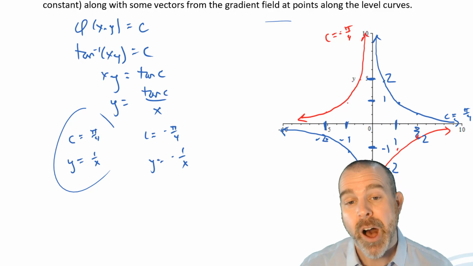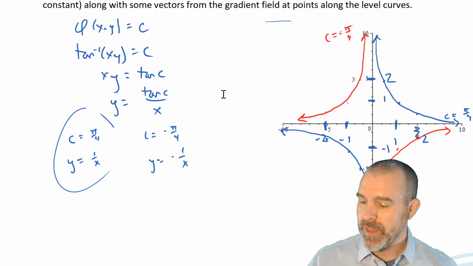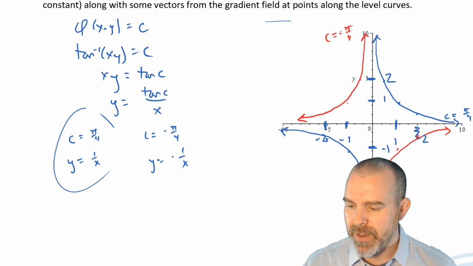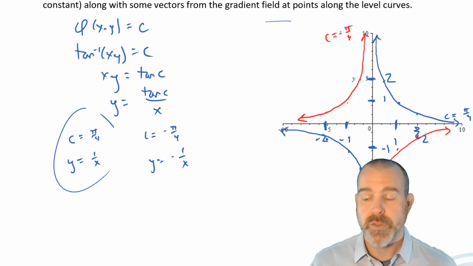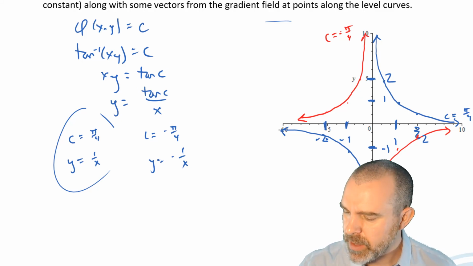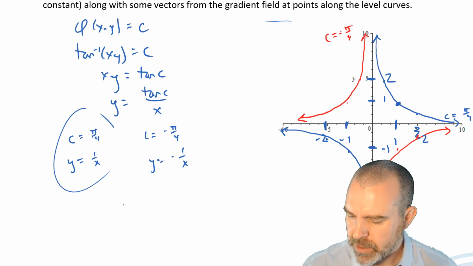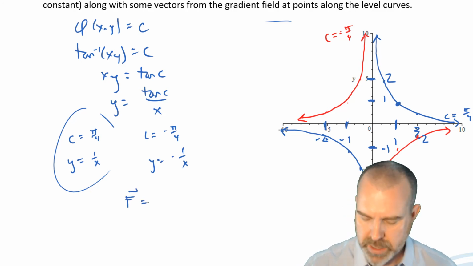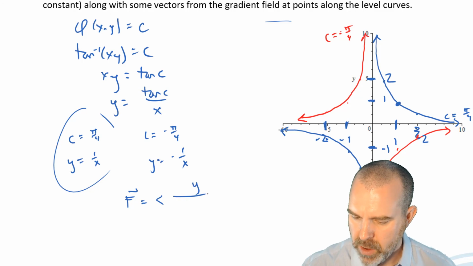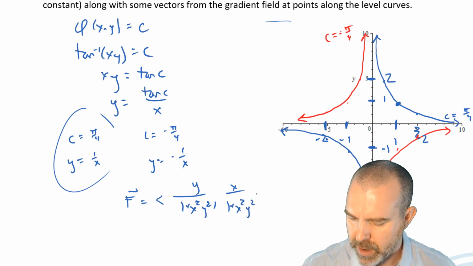Okay, now let's look at our vector field and let's graph a few vectors from the vector field. For example, we have this point 1, 1, and our vector field was y over 1 plus x squared y squared, and then x over 1 plus x squared y squared.